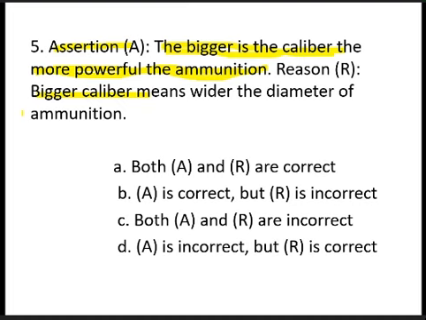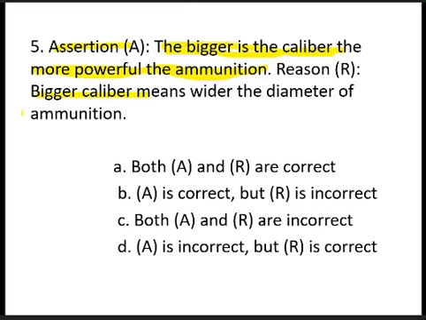Ubos ang iyang kalibre. Kung gamay ang iyang gauge, of course, taas ang iyang kalibre. So, kini karon, it's still about caliber. However, ang iyang kaparis is the power of the ammunition.